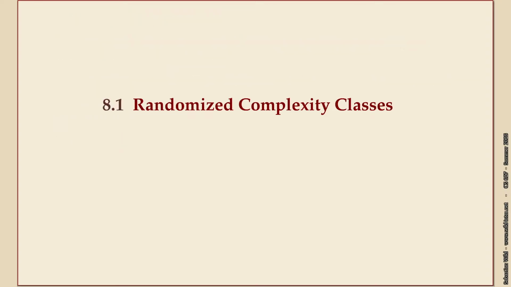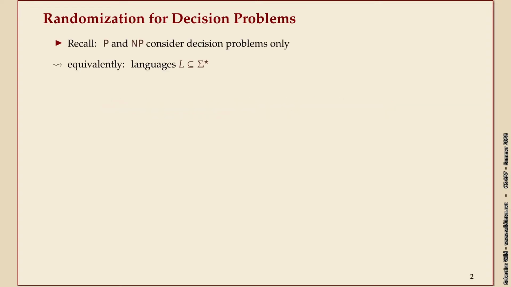The first step towards that is to define some complexity classes for the types of algorithms we've already seen with polynomial running time. This is not that surprising, but let's do it properly. First of all, we talk about decision problems only, which equivalently are just languages, subsets of sigma star, if we decide that's our universal input alphabet.